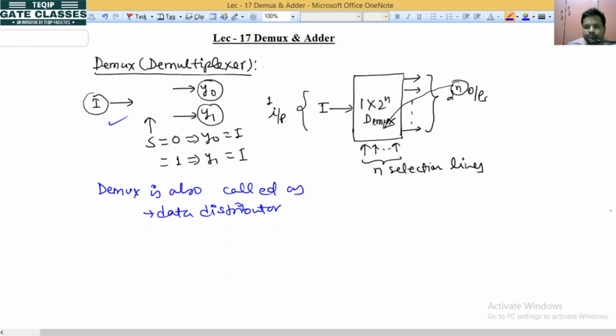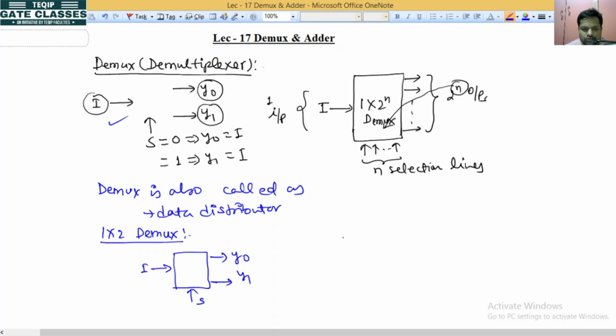Now suppose I have a 1 cross 2 demux. So it will be like this. We have one input and how many outputs? Two outputs, suppose y0 and y1, and we have one selection line, that is S. When we draw the truth table between selection line and output, it is 0 or 1 because only one variable is there.